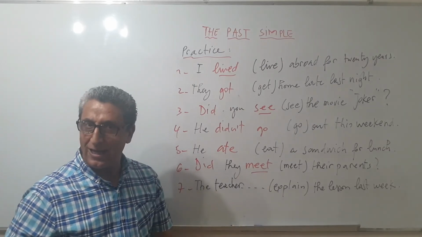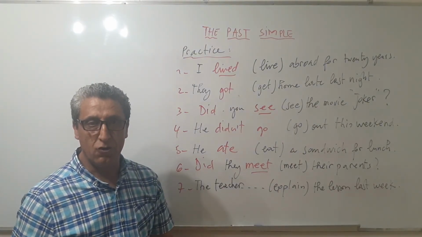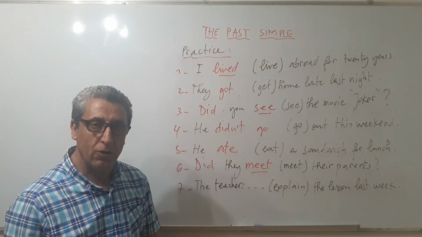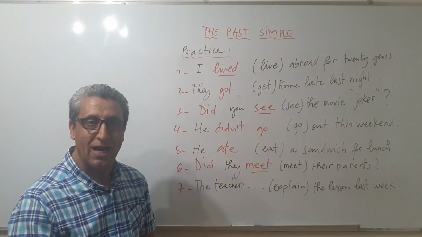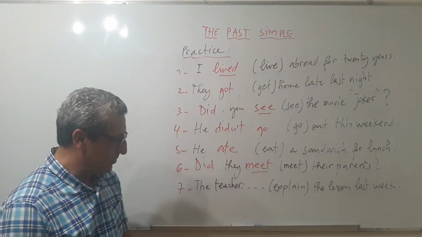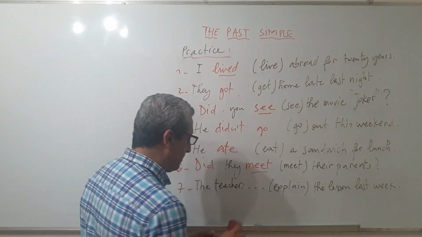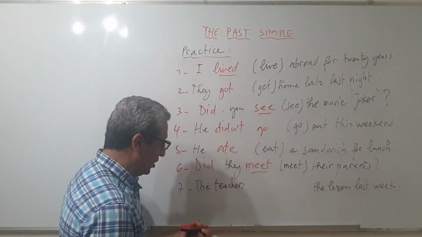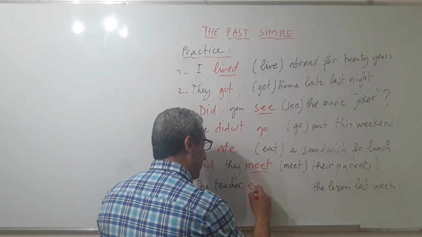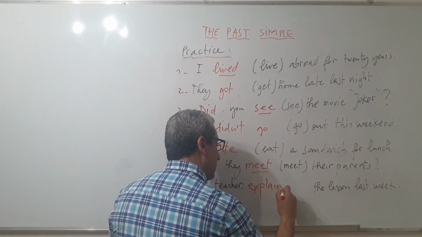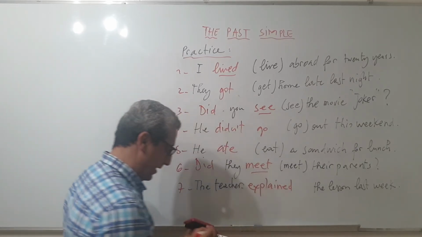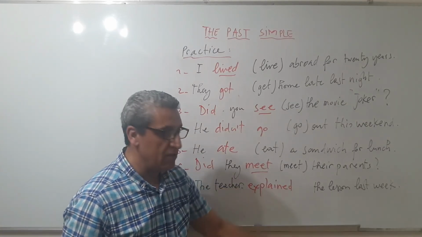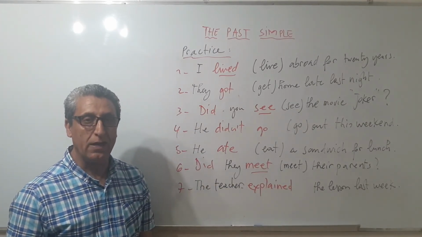And explain is a regular verb. So what are we going to do here? So it's the verb plus ed. Very good. So the teacher explained. Okay? The teacher explained the lesson last week.